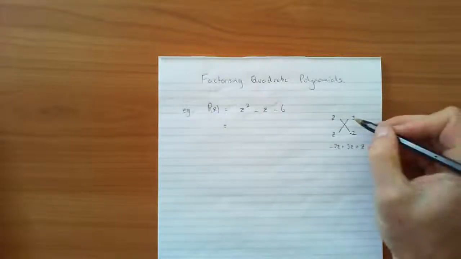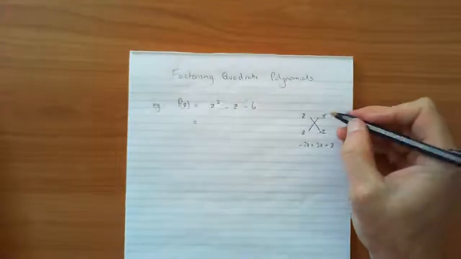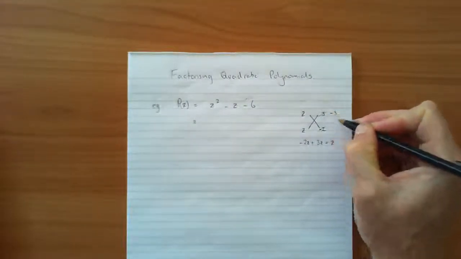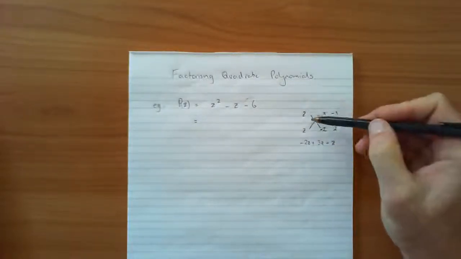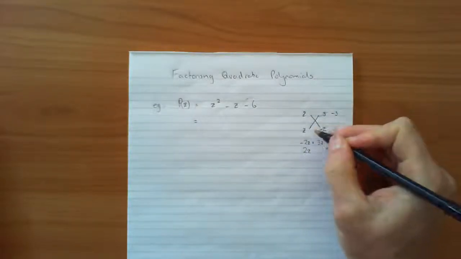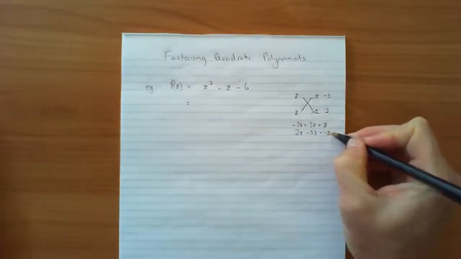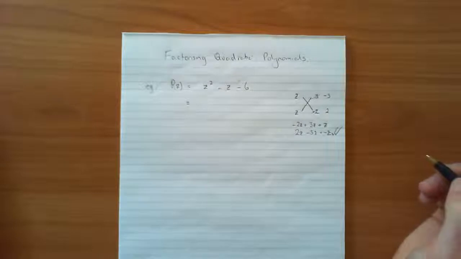So I know I got that wrong, and I put a neat line through it. With a bit of inspection and practice, you'll realise that if we make it a negative 3 and a positive 2 and multiply across, we get 2z minus 3z equals negative z, which is our middle term, so this is correct.